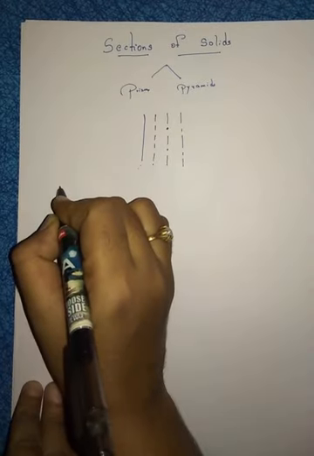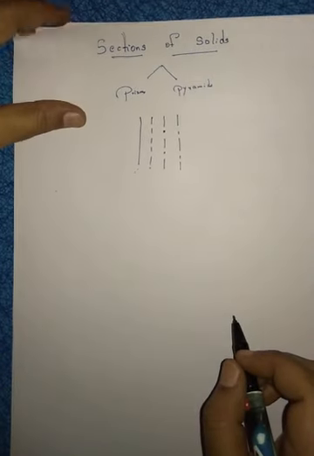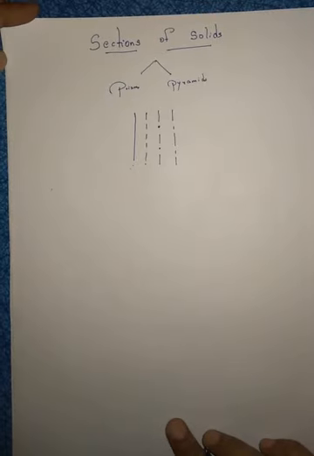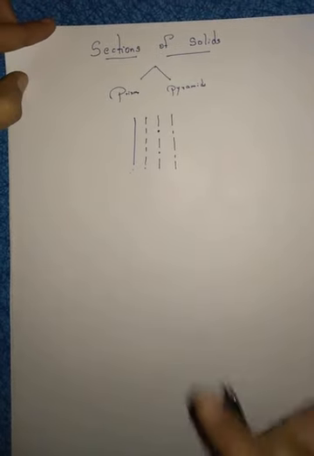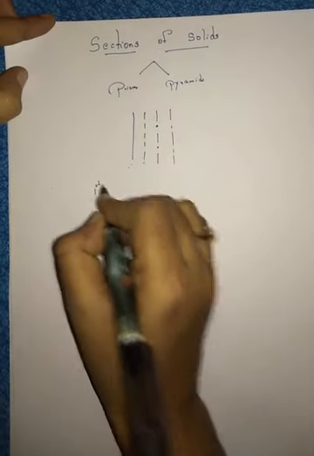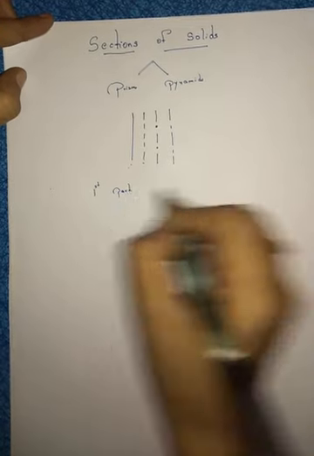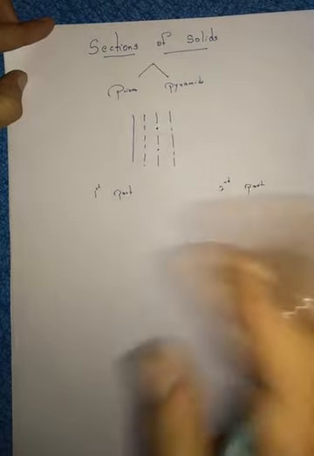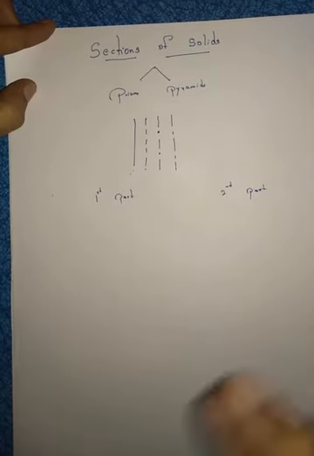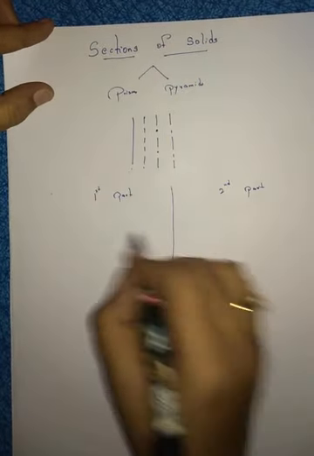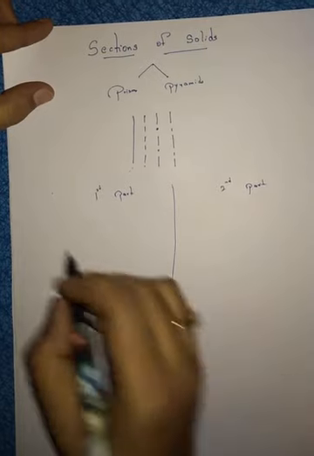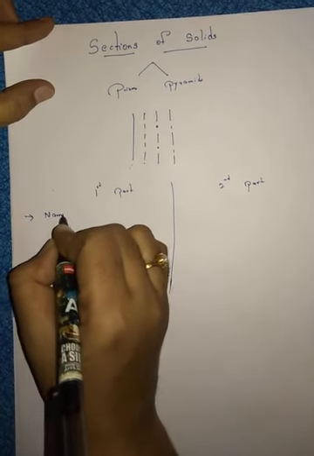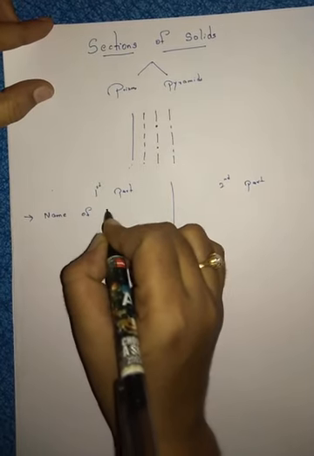After reading a sections of solids question, divide that question into two parts, first part and second part. In the first part, same as projection of solids, first remember the name of the polygon.